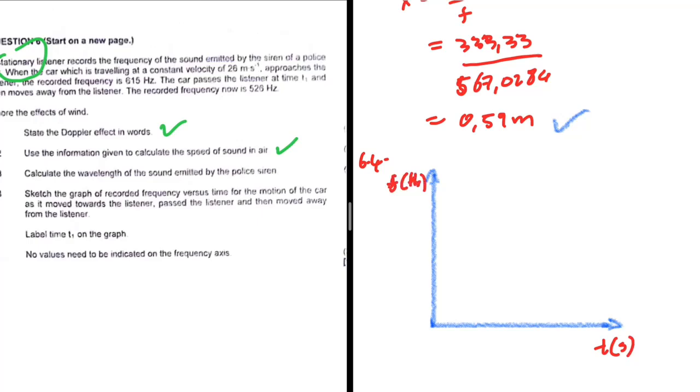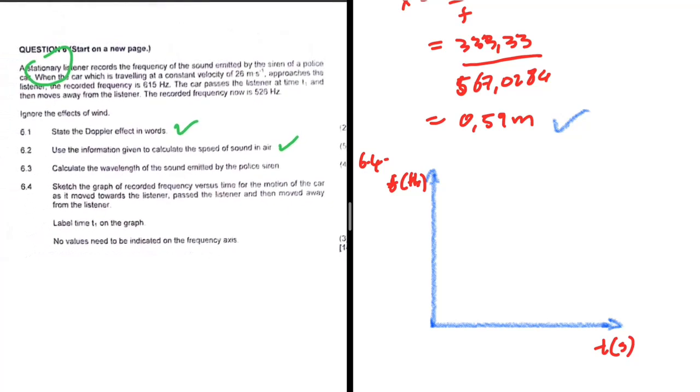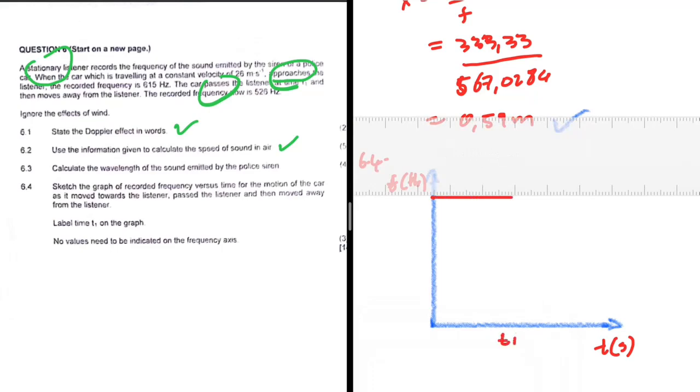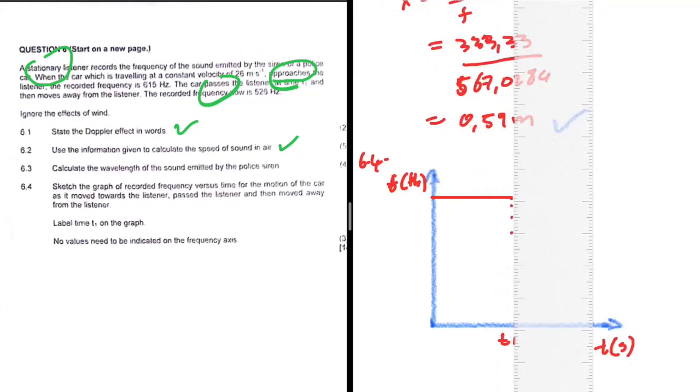Okay, so initially, it approaches, and then after that, it passes and moves away. So when it is approaching, we have a higher frequency. So somewhere here, this is our frequency when we are approaching. And then something happens at T1. At T1, it passes the listener and it's now moving away.